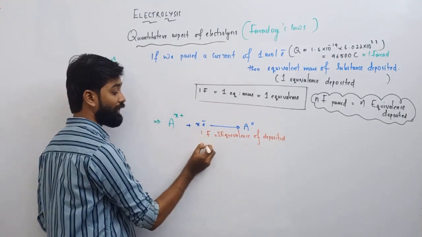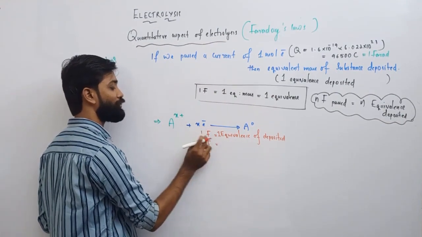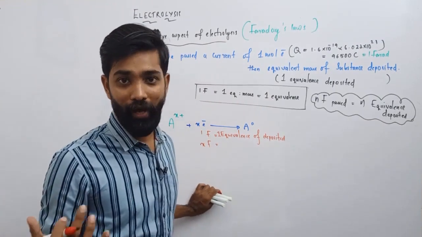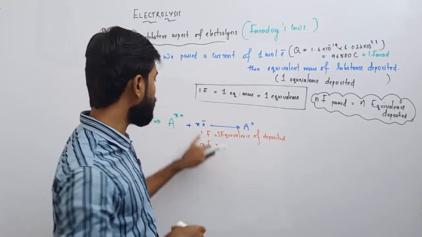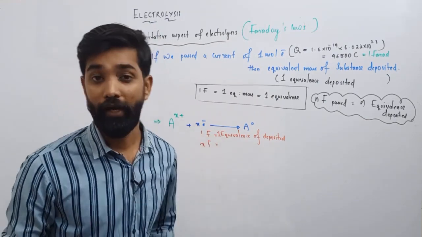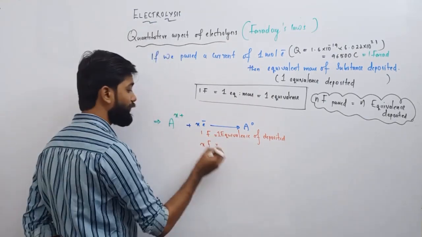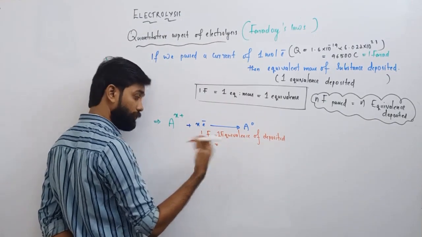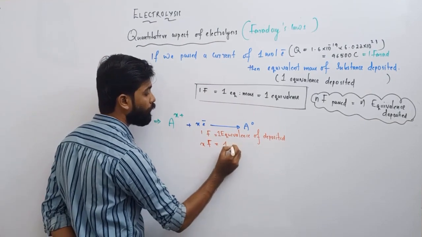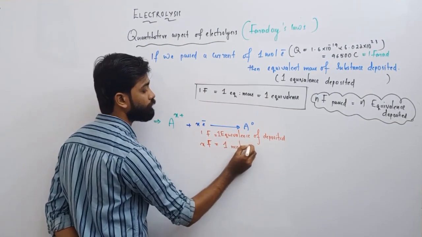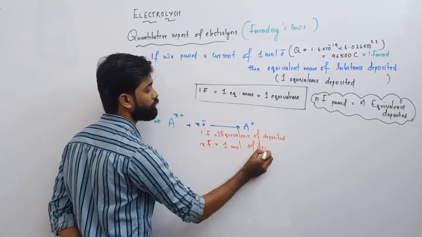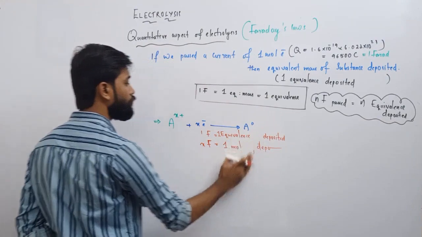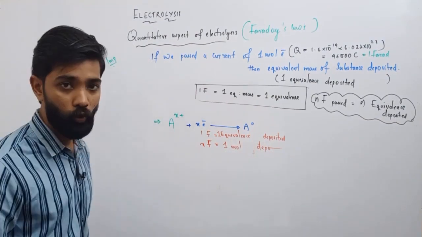If X farad is passed, not 1 farad, X farad means the farad current which corresponds to the electrons involved. So if X farad is passed, then 1 mole of substance is deposited. No need of 1 equivalence deposited, here 1 mole is deposited.